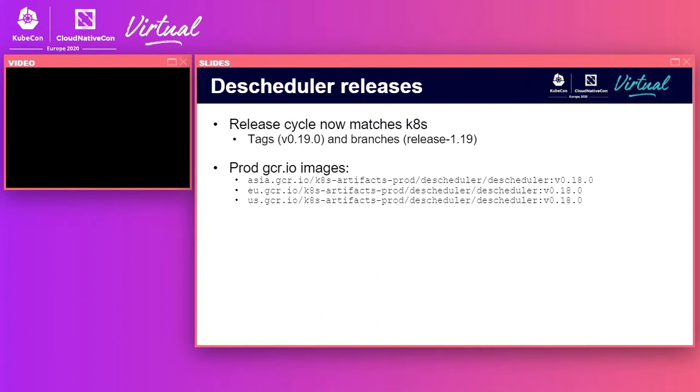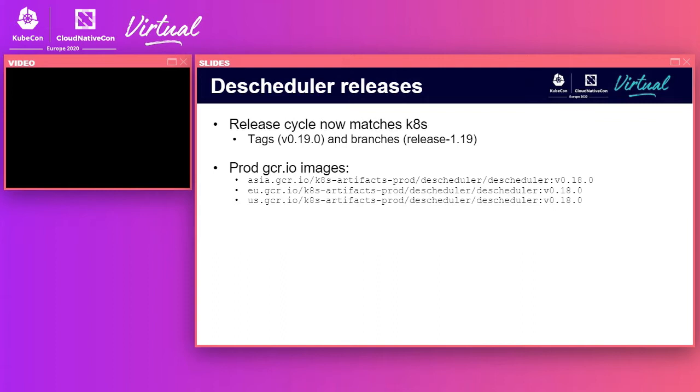If you're running the 1.19 based version of the descheduler, that should work with 1.18, 1.17, and 1.16 as well. We're able to track that a lot easier with these matching tags.